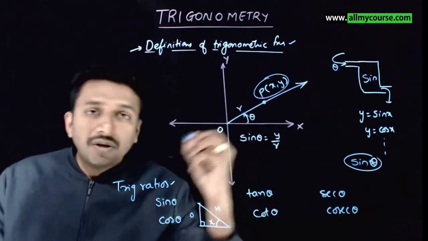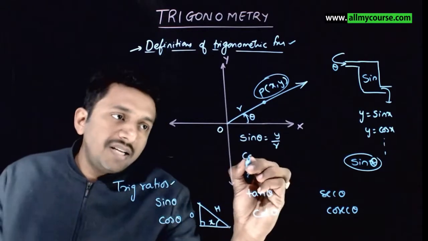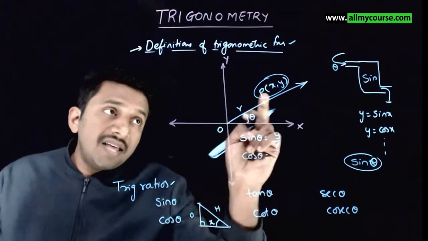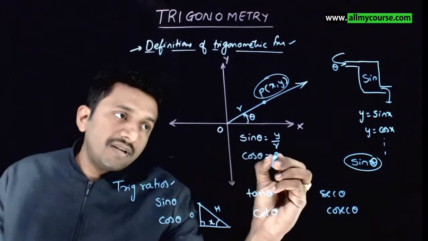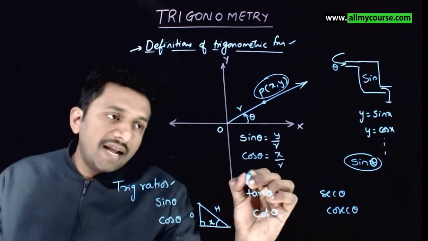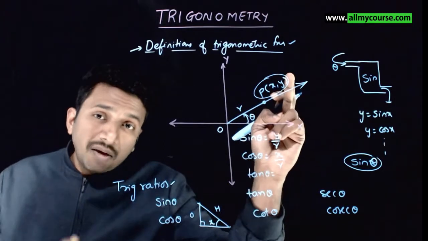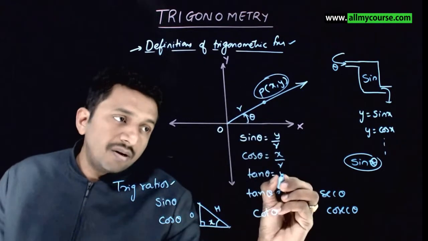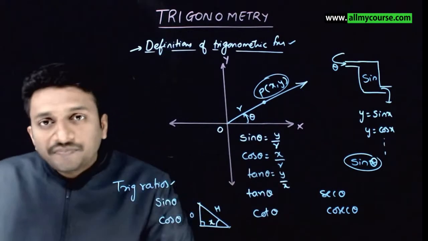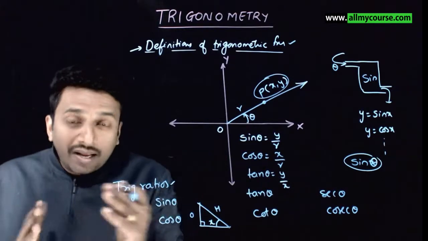So that's the definition of sin theta. Similarly, cos theta is defined as the x coordinate by r, that is x by r. And tan theta is defined as the y coordinate by the x coordinate, y by x.